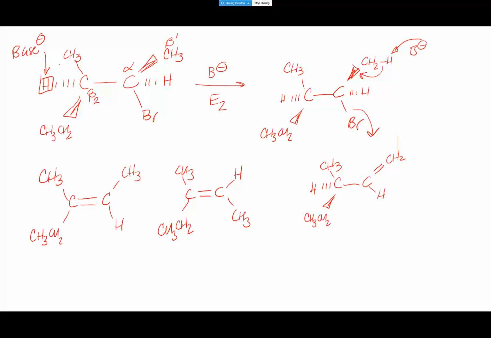Since the base is doing an E2, this reaction has to be anti-periplanar. Or sorry, not the product. The transition state has to be anti-periplanar. Which means the hydrogen in the box has to be anti-periplanar to the bromine. So you must put the molecule in that conformation before you can do the elimination reaction.